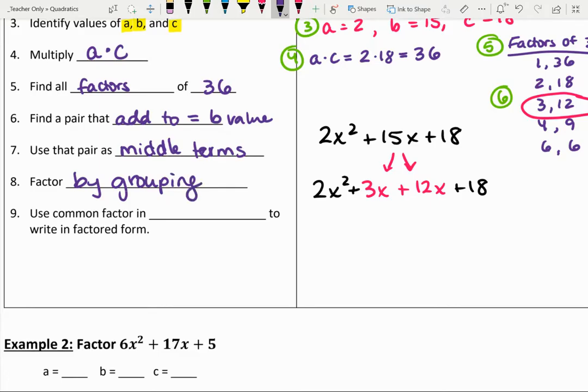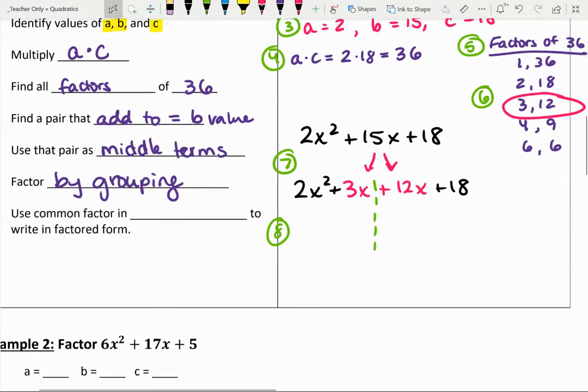So this was step 7 here. Step 8 is to factor by grouping. So I'm going to split it down the middle, and I'm going to look for my greatest common factor of each individual pair. So first, 2x squared and 3x have a greatest common factor of x, leaving behind a remainder of 2x because x times 2x is 2x squared, and positive 3 because x times 3 is 3x.